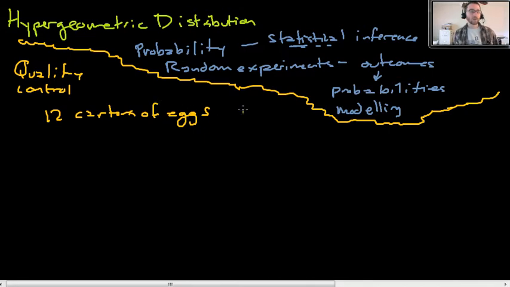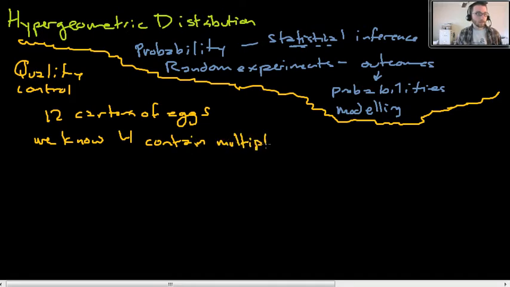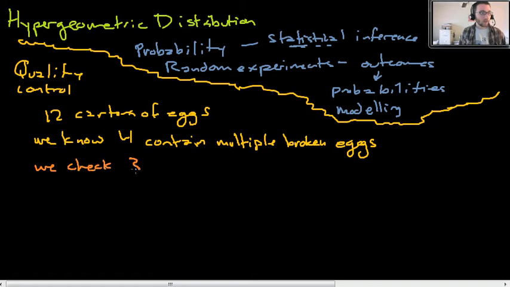It's not going to produce that much of use right now because we're going to assume we know that 4 cartons contain multiple broken eggs. We're going to spot check these. We don't have time to check every carton, so we check 3 cartons.